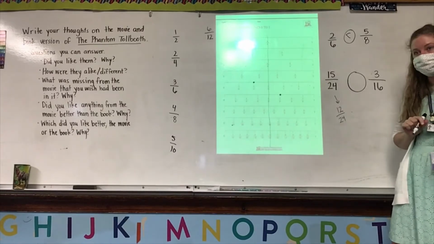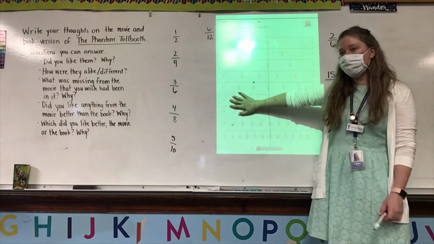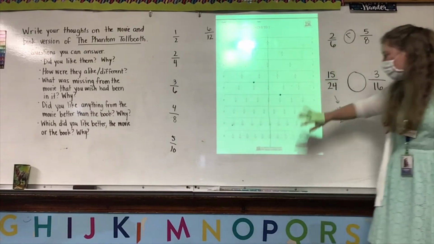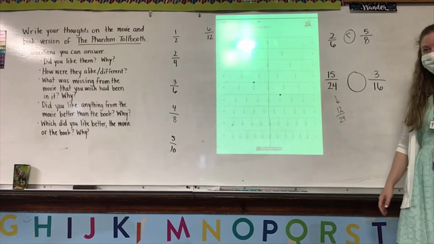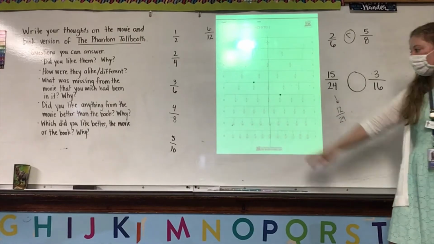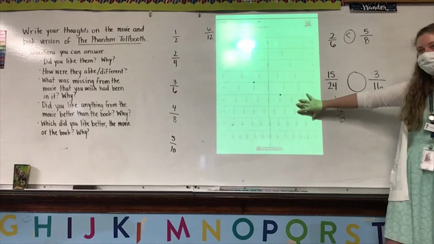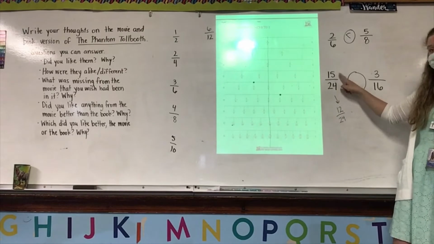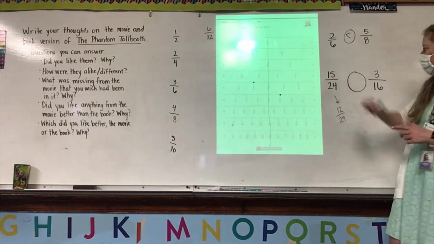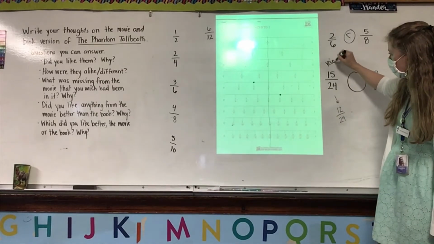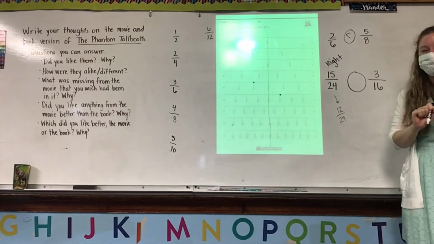Would it be on this side of 12/24ths or this side of 12/24ths? Left, right. Right, because 15 is bigger than 12. So we know this would be to the right of the halfway mark.